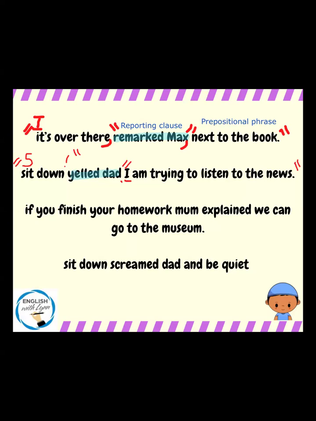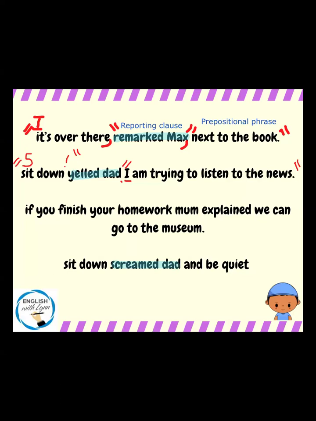And I'm going to jump to the very bottom one, because the bottom one, we've got a very, very similar sentence, except this time, "Sit down," screamed Dad, "and be quiet." And what we need to look at here, it's Dad again that is screaming. So that is my reporting clause.